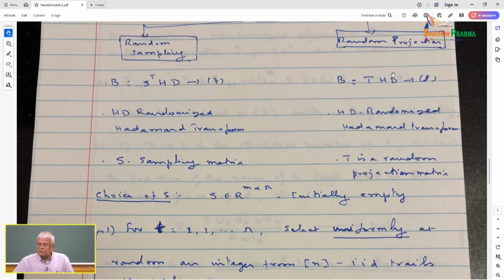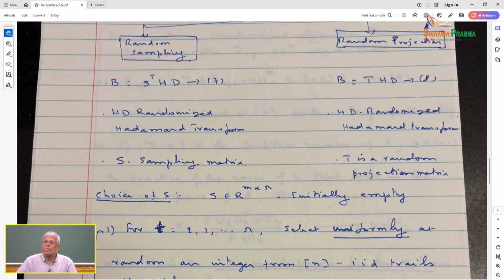In the random projection method, on the other hand, I am going to express B as the product of T times HD. HD again is the randomized Hadamard transform. T is the random projection matrix. Please understand, the random projection matrix can be of type 1, type 2, type 3. We have already talked about that, right? In type 1, the elements of R are from an IID standard normal distribution.